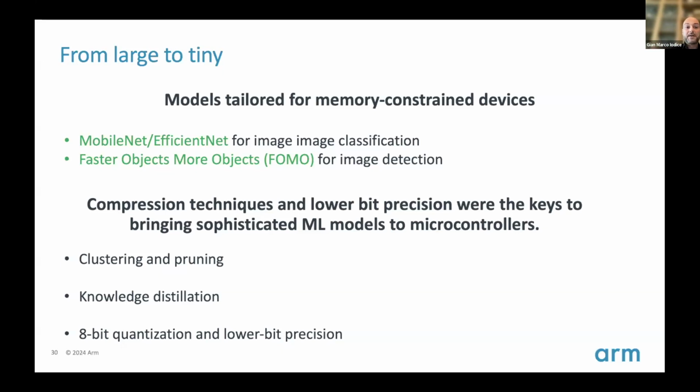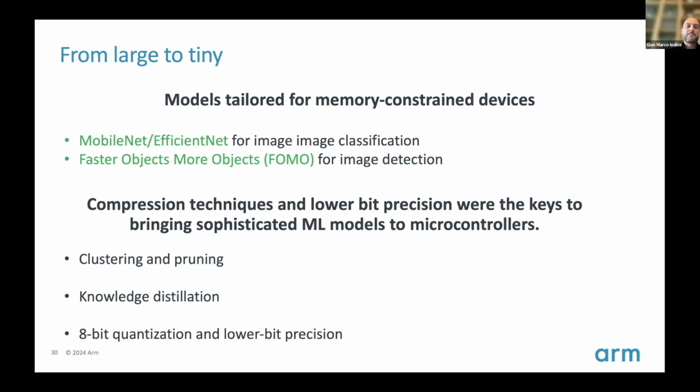For instance, MobileNet and EfficientNet for image classification, or FOMO, faster objects, more objects from Edge Impulse, for object detection. But models are not enough, because here you have seen the big constraints on the memory. Compression techniques and lower bit precision were actually the keys to bring new ML models to microcontrollers.